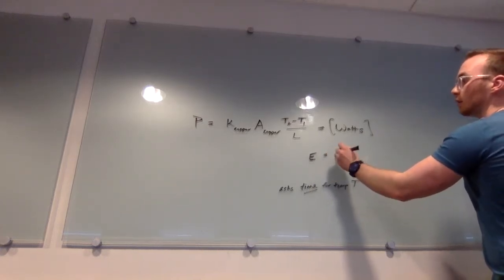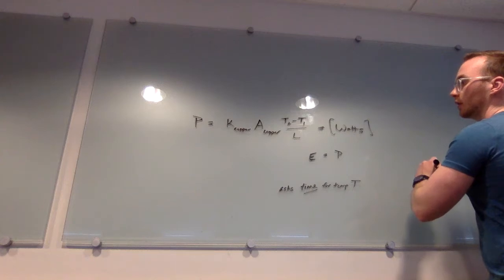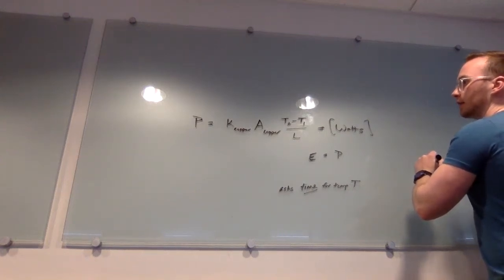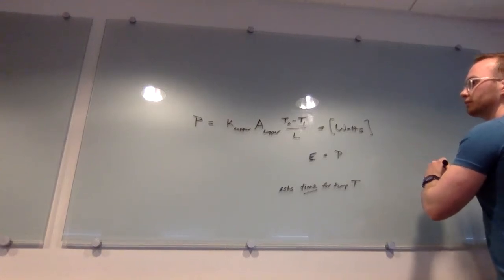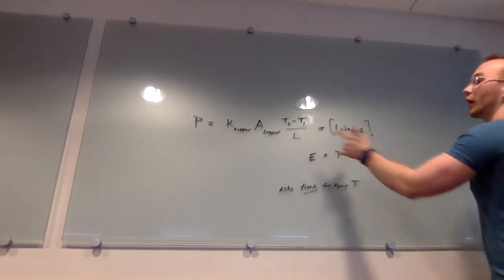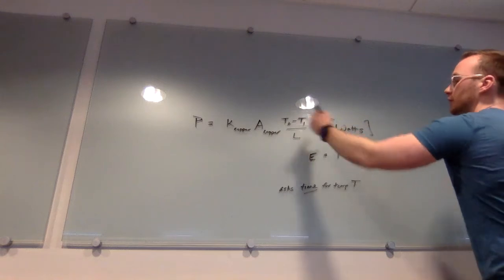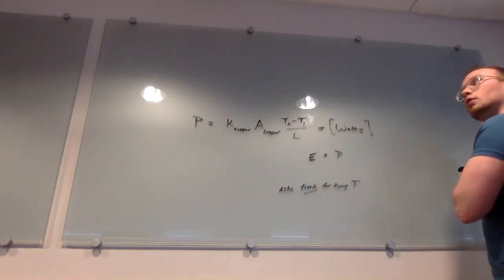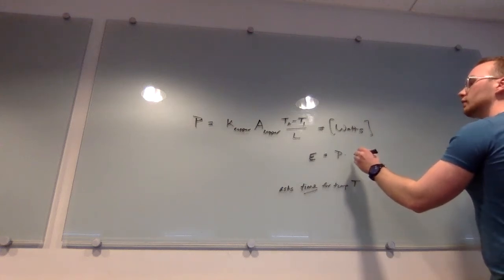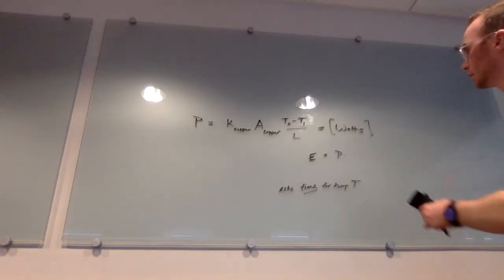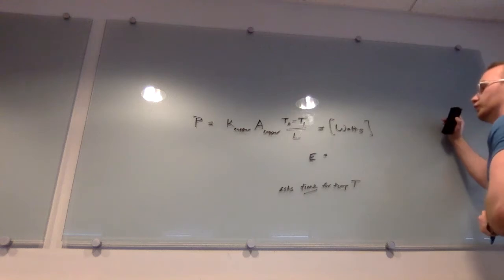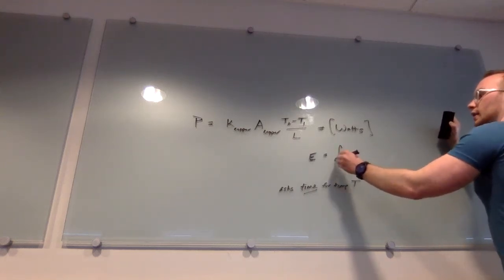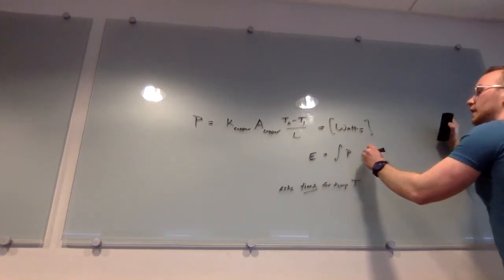So basically, E equals, for constant power. It's constant power, because these temperatures are the same. Oh wait, no, it's not a constant power. Well, let me just write this first. So E is the integral of P dt.